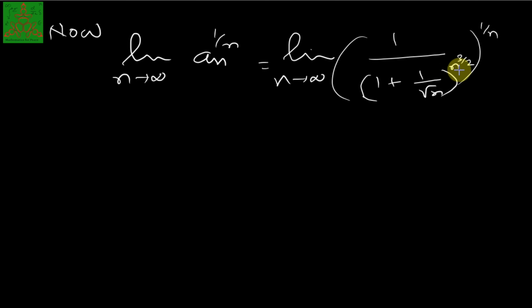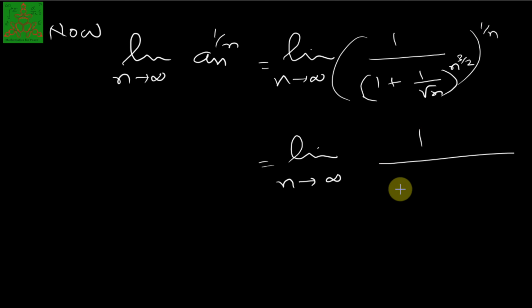As you can observe, this n^(3/2) will cancel with this 1/n. So the 1/n is cancelled out, and it will be left with 1 upon (1 + 1/√n)^(√n).